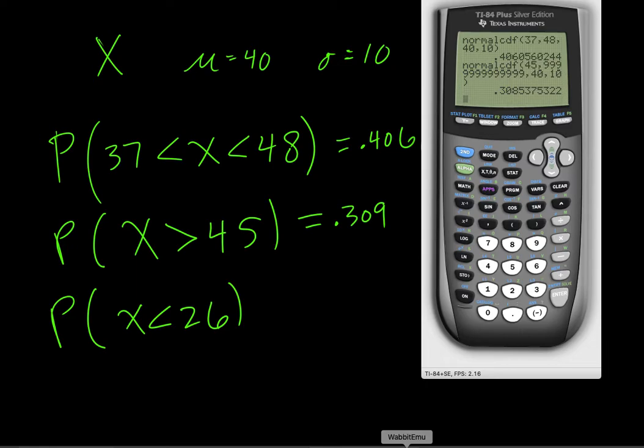So we go back to that. Here, I'll go through the process again. So catalog, hit n, normal CDF. Okay, this time our lower bound is a really small number. So I'm going to say negative, and a bunch of 9s.